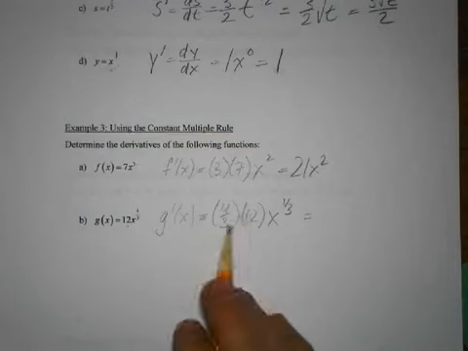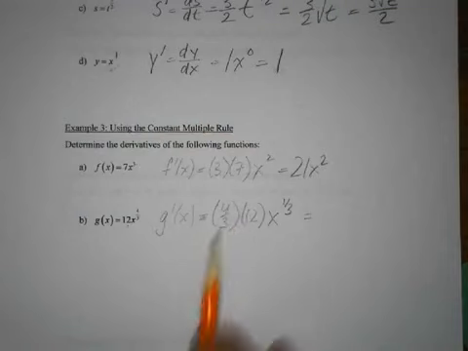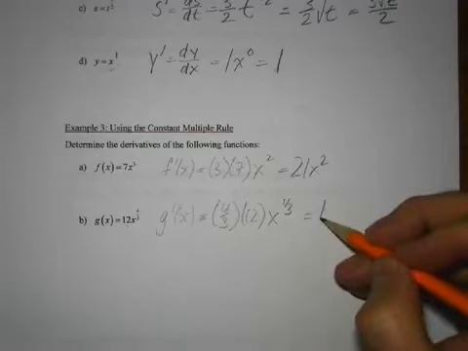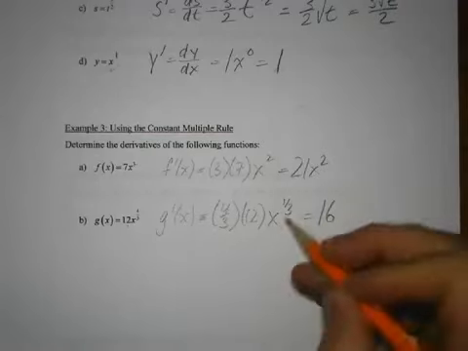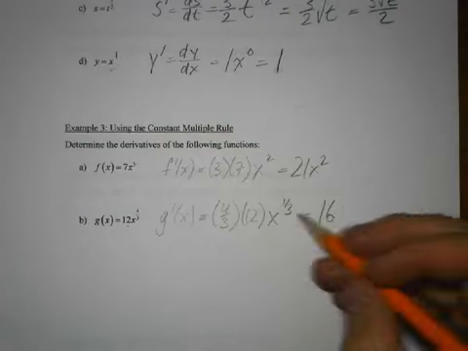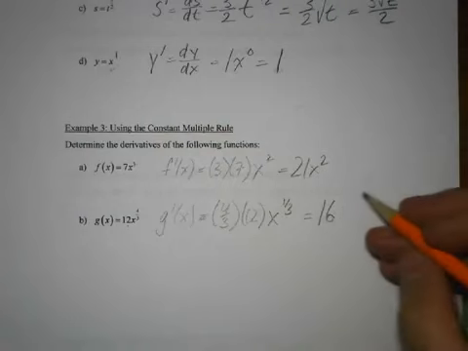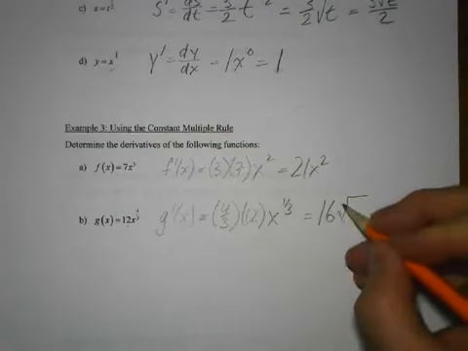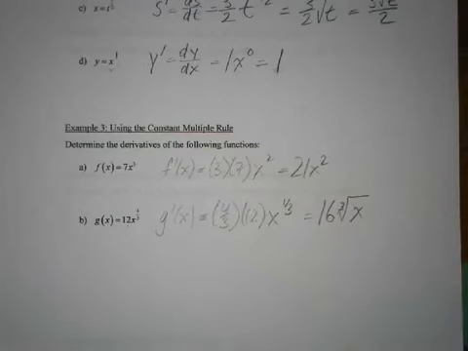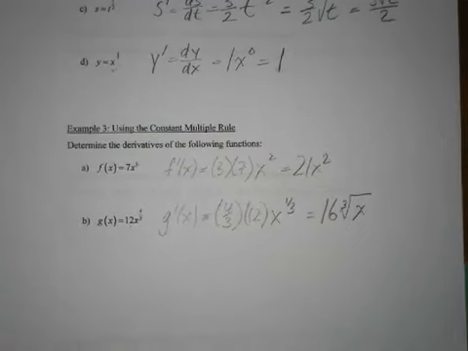Okay, so we can clean this up. Basically 4/3 of 12, that's 48 divided by 3, that's 16. And then x to the 1/3, we would always change that to a radical form, so that would be cube root of x. So the derivative of 12x to the 4/3 is 16 times the cube root of x.